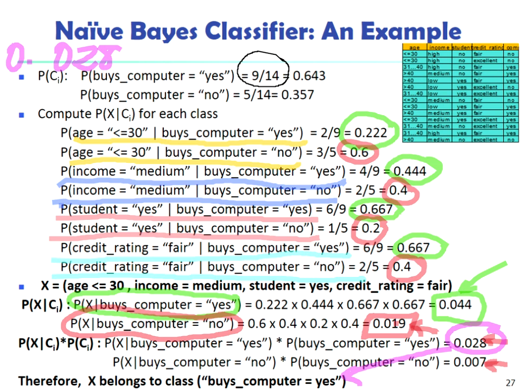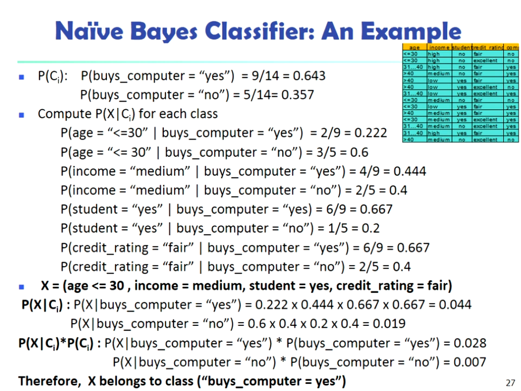I just cleared all the page. So we have to multiply this value by buys computer equals yes, multiplied by this value. We will obtain this value. Okay.